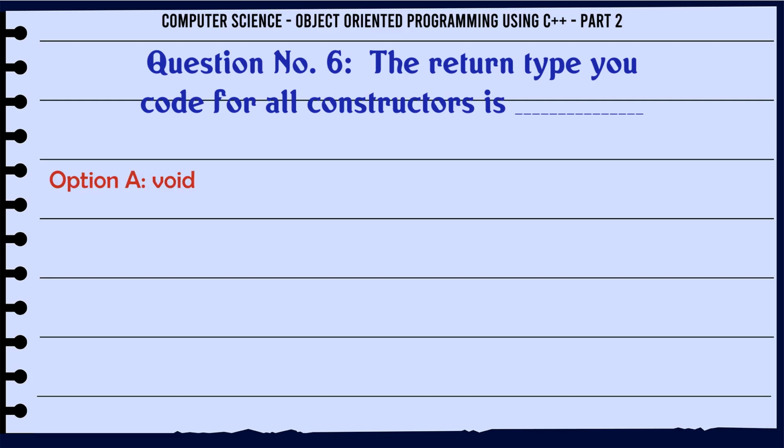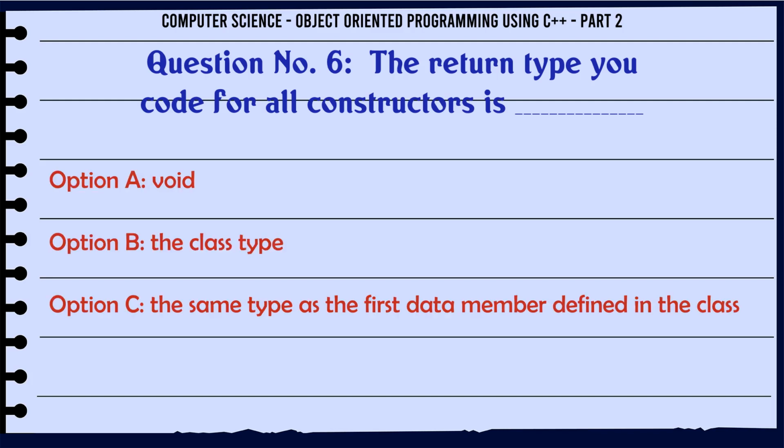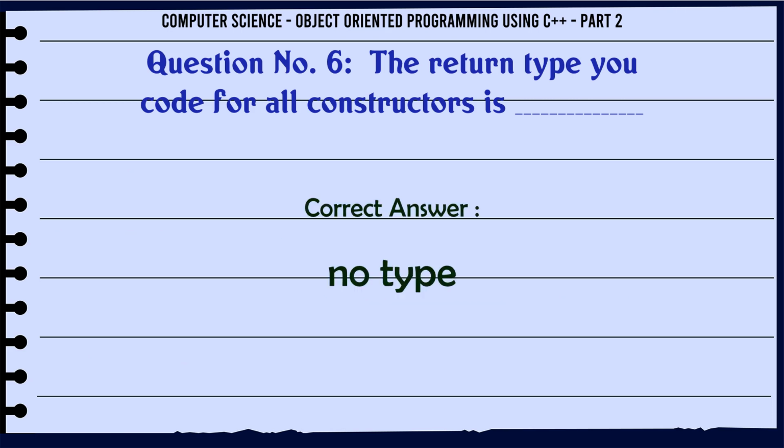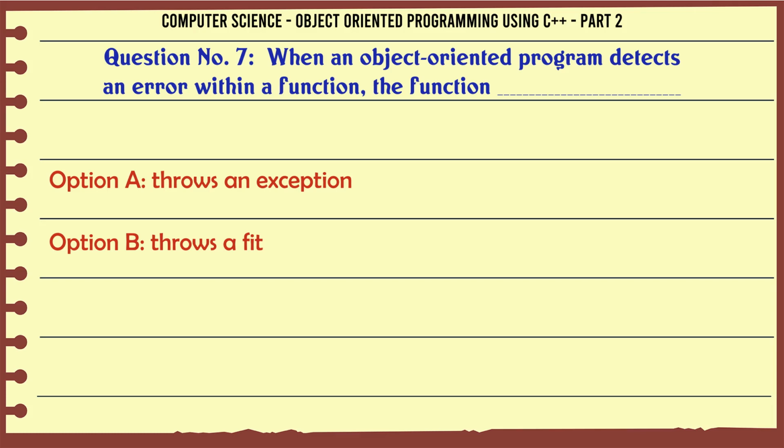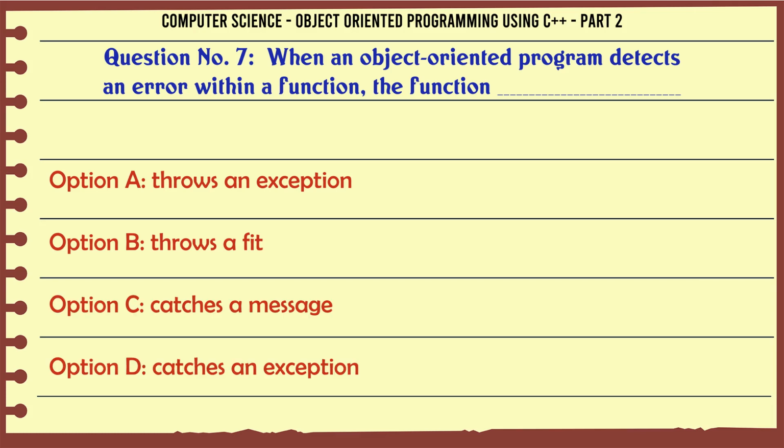The return type you code for all constructors is a. void, b. the class type, c. the same type as the first data member defined in the class, d. no type. The correct answer is no type. When an object-oriented program detects an error within a function, the function a. throws an exception, b. throws a fit, c. catches a message, d. catches an exception.